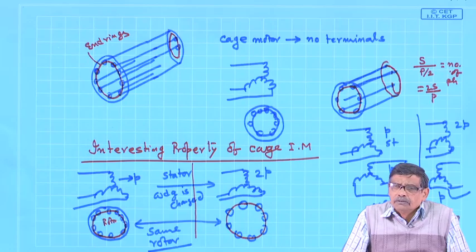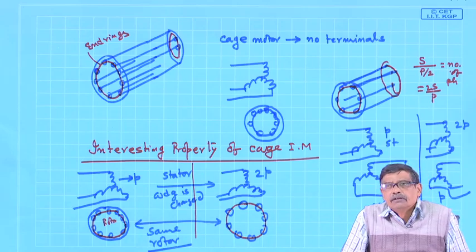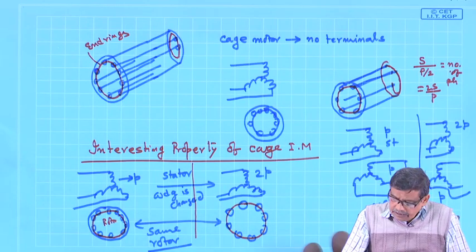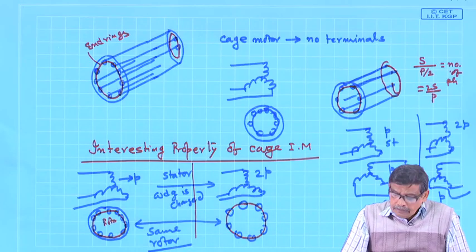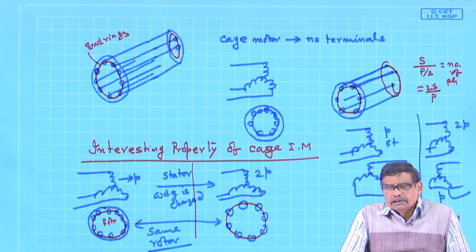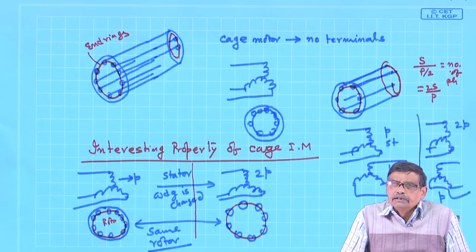From no load it will be close to 1500, then full load may be 1430 rpm. Therefore, the change is only 70 rpm. As a percentage, very little change, maybe 2 to 5% of the synchronous speed. So, in general it is considered to be rather a constant speed induction motor.